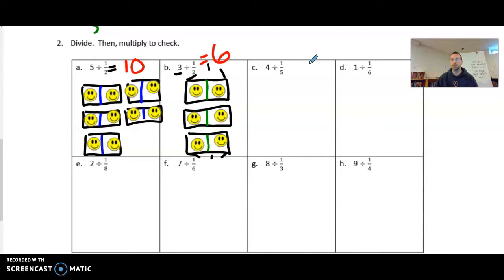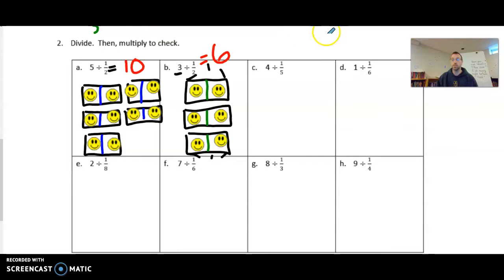And let's do one more of these as we wrap up our We Do portion. And if you are in my small group right now, I would ask each of you, how many candy bars or models am I going to draw for 4 divided by 1/5? And again, certainly pause the video, try it out yourself, and then use me and the video as a check.